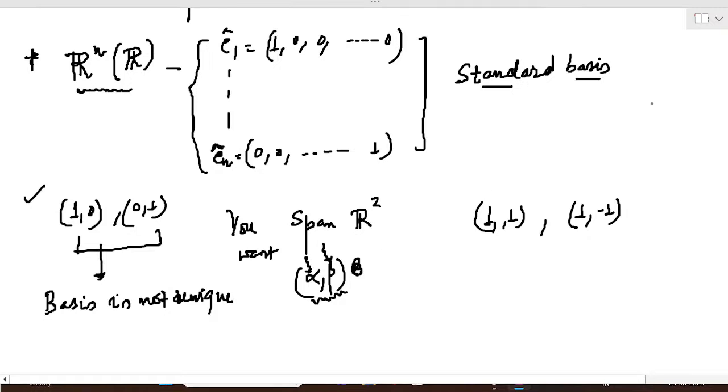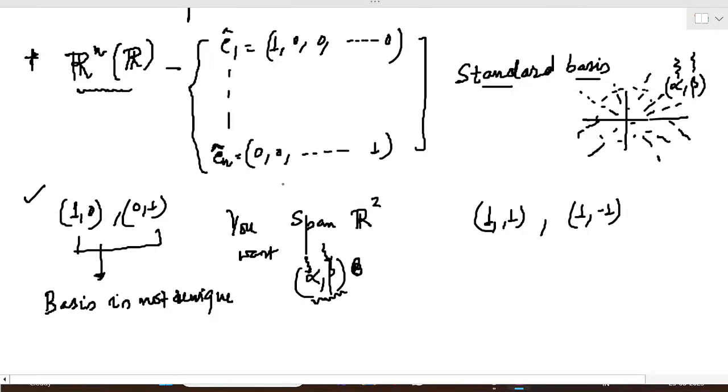By this you can span the entire space, right? After all, any point in R square can be written as (alpha, beta) only. You take any real number here, you take any real number here. So by taking any real number, can you not span the entire plane? Is that clear?